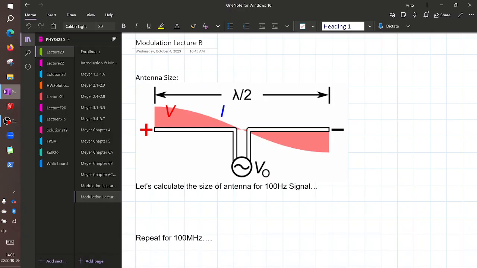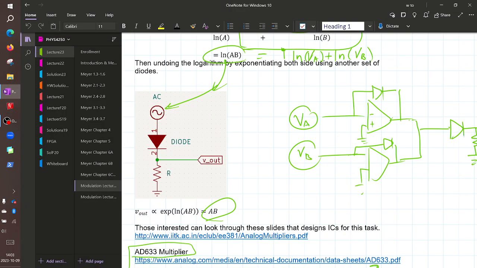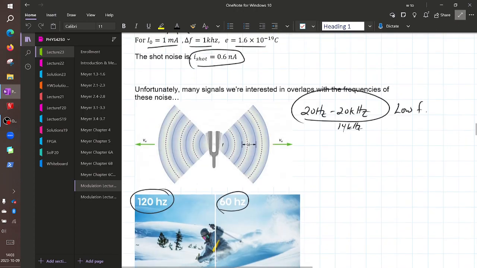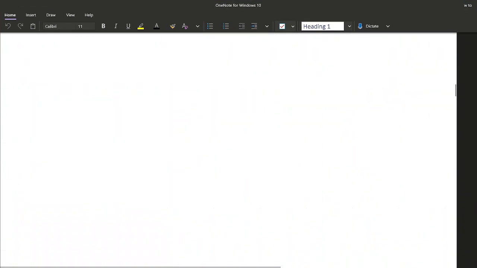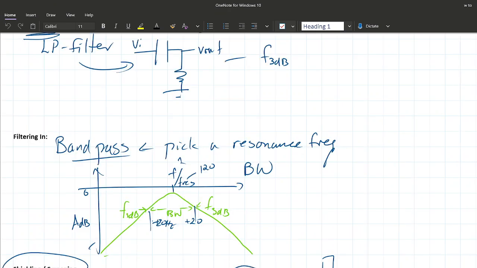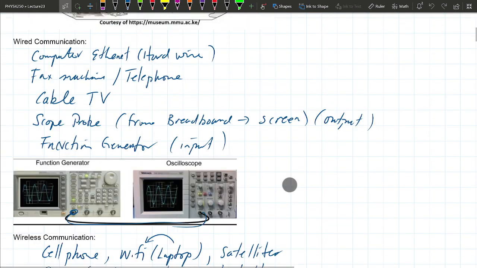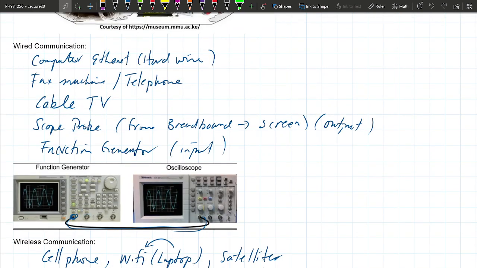So last time we talked about this idea called modulation and demodulation. That's how you're able to change a low frequency signal and send it in some noisy area where you have high frequency.